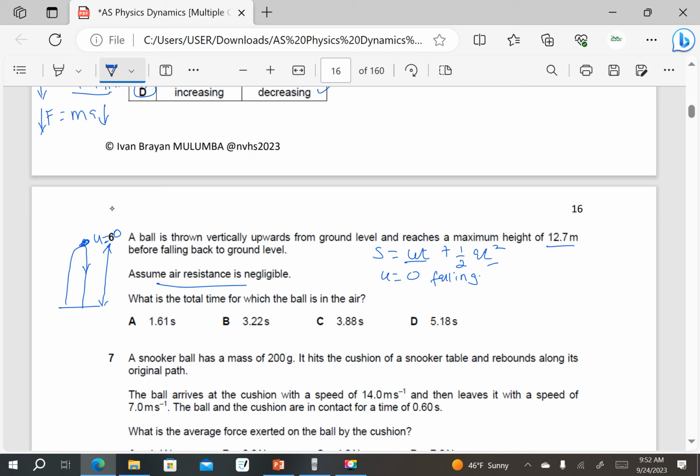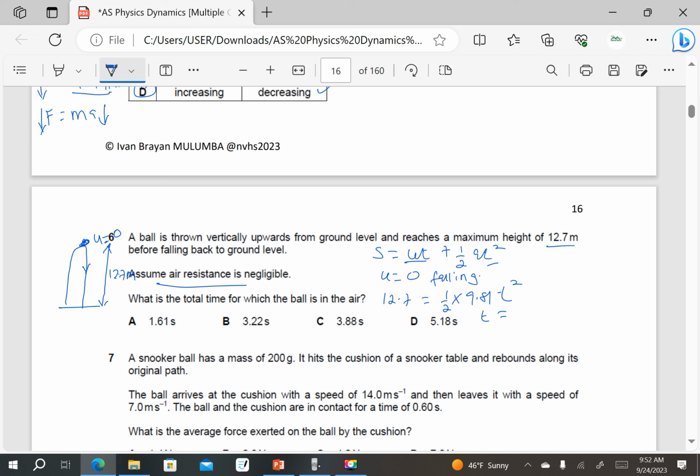So if I multiply that time by 2, I'll find the total time when it is in the air. So s is going to be falling a distance of 12.7 meters downwards. So 12.7 meters equals initial velocity 0 when it is falling, plus a half, acceleration is 9.81, times t squared.